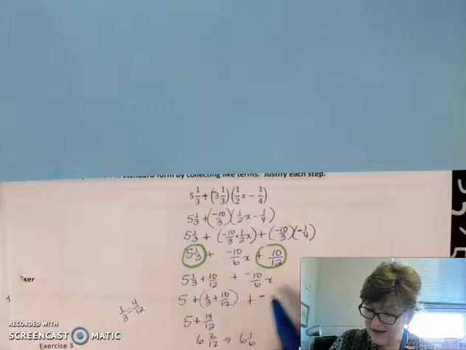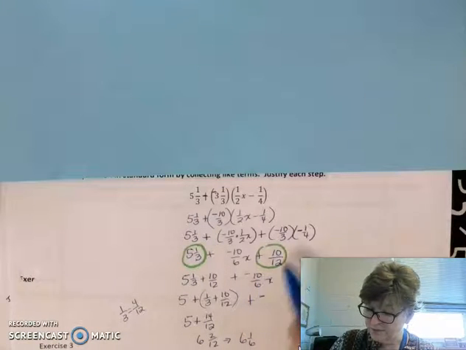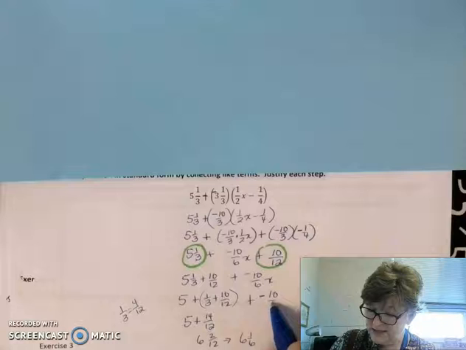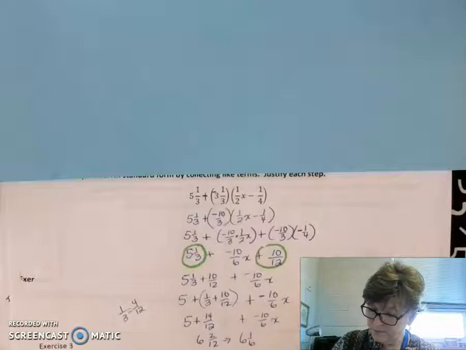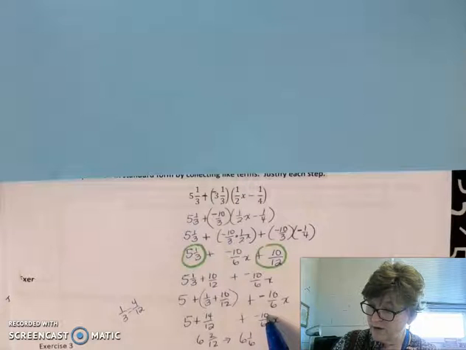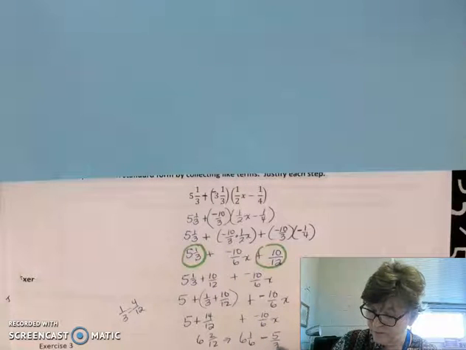Plus a negative, don't forget this part over here, 10/6x. And of course, that can be simplified to negative 5/3. So this is your final outcome.